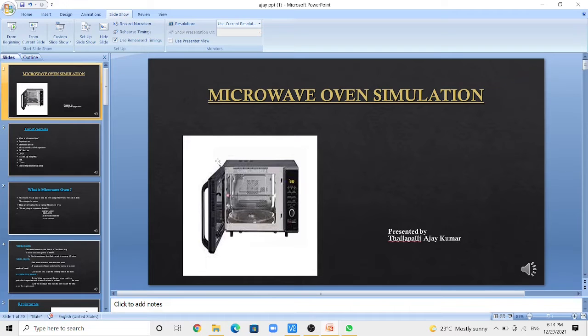By using this tool we can design the PIC microwave oven.